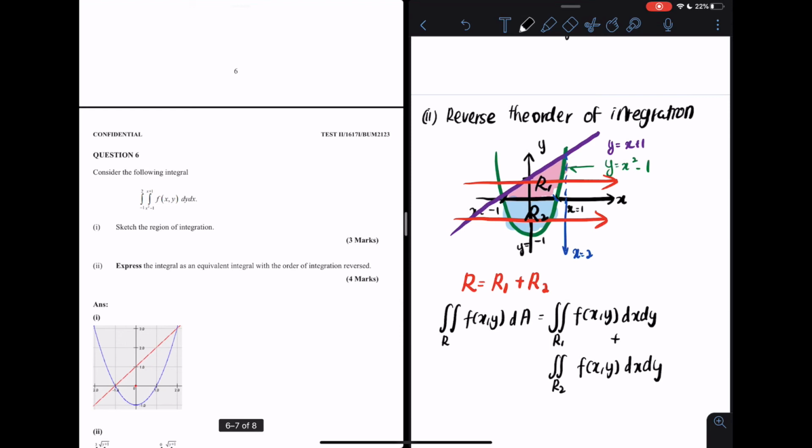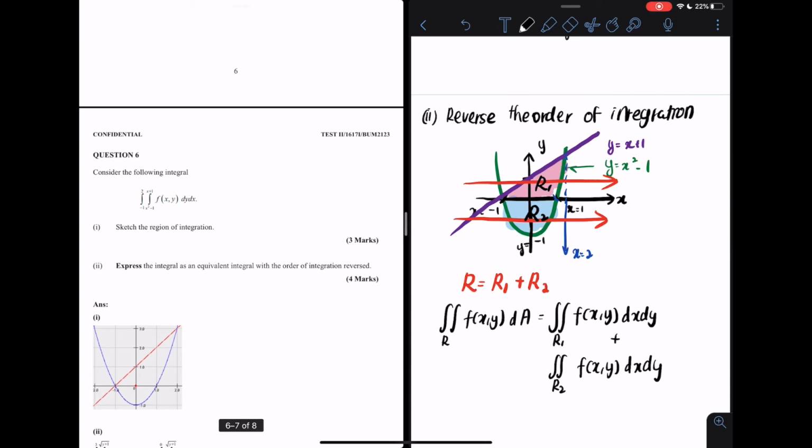Okay, if you insist on solving this question by using only one single region, trust me, you won't cover the whole region R. Because you have to answer the question according to your region, that's why we separate it into two separate regions.